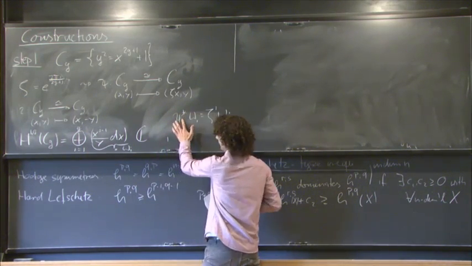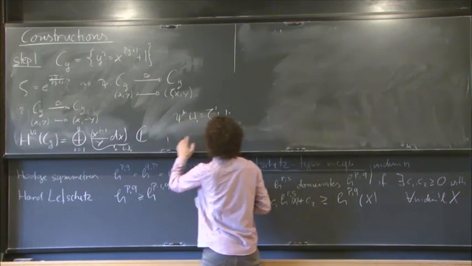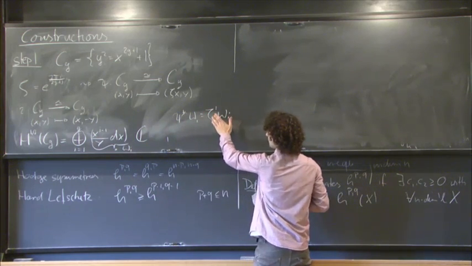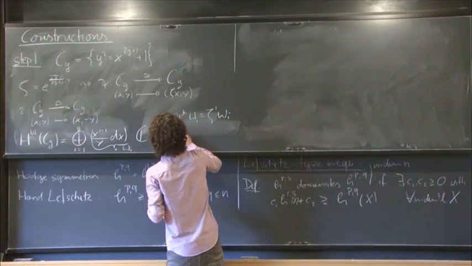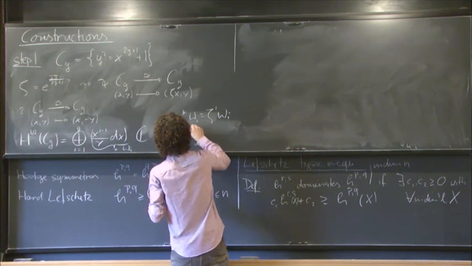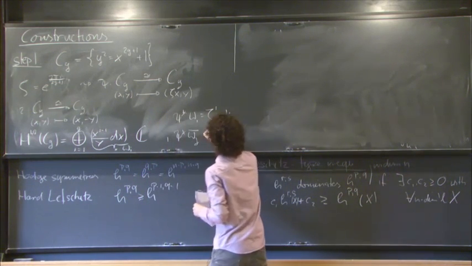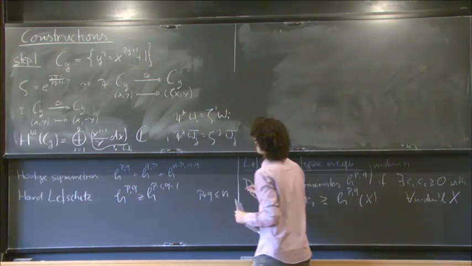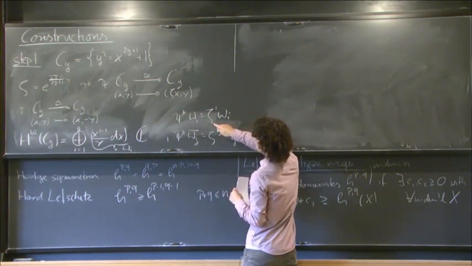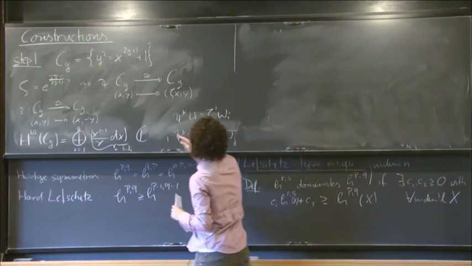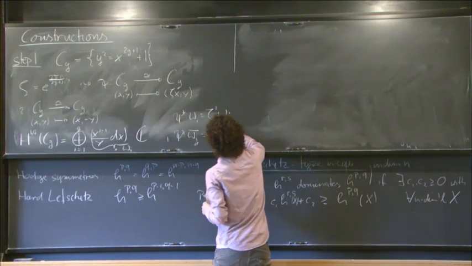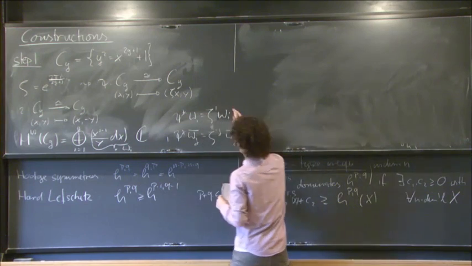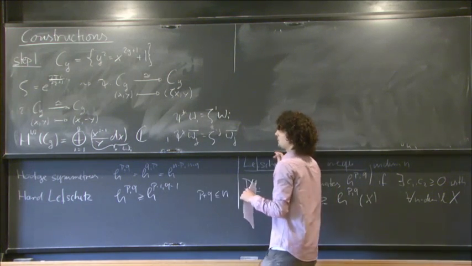And so psi acts on omega_i with eigenvalue theta to the i, and on omega_j bar, it acts like theta to the minus j. And since theta is a (2g+1)-st root of unity, those eigenvalues will be different for all i, j between 1 and g.